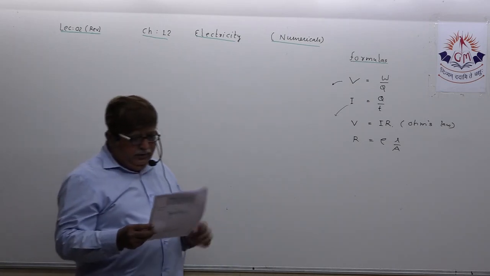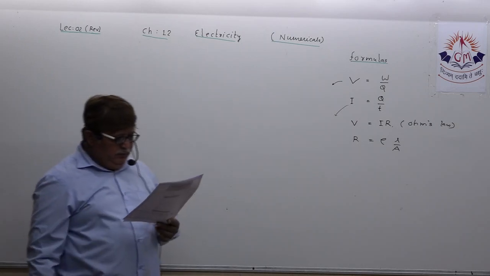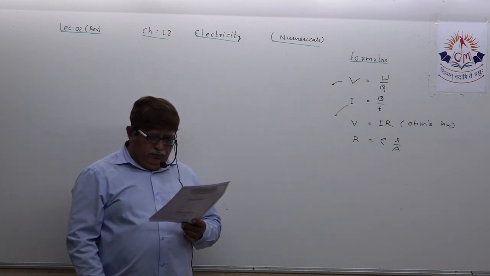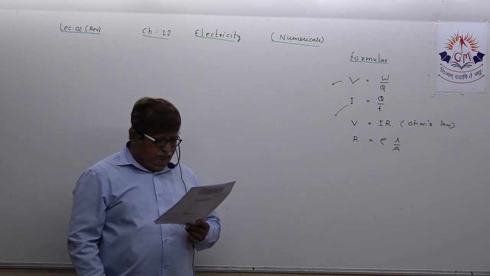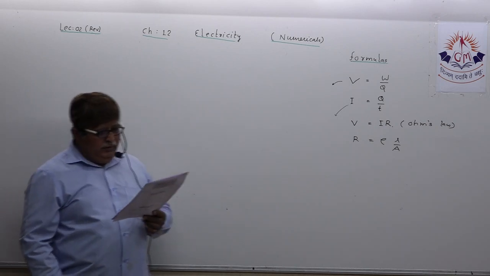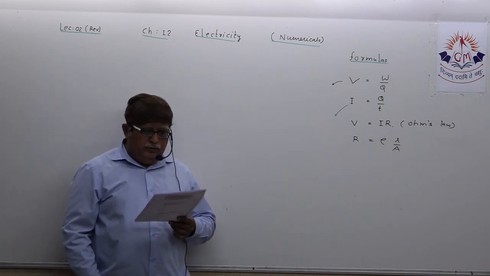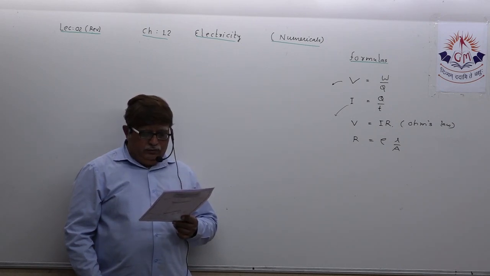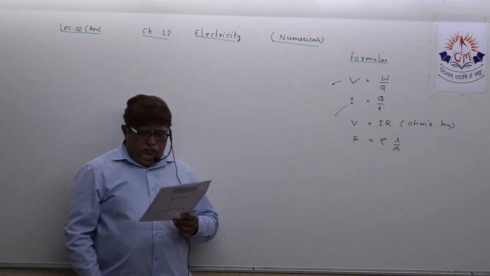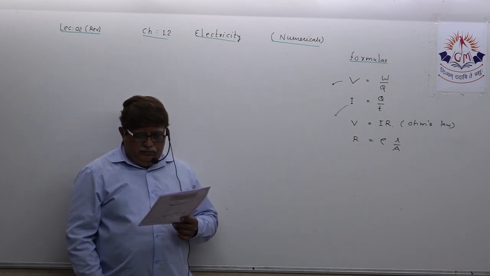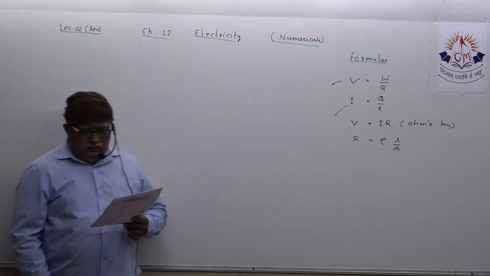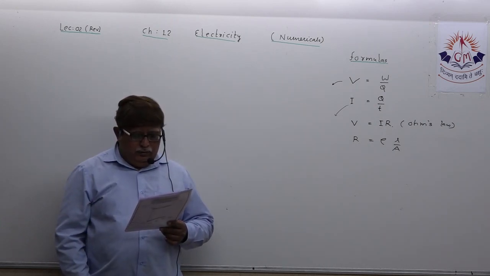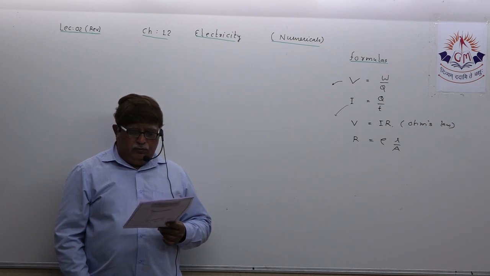See numerical number 7, I will keep it for self study for you. What is given? Just read it out. How much work is to be done to take 2 coulomb electric charge from a potential of 6 volt to a potential of 12 volt?